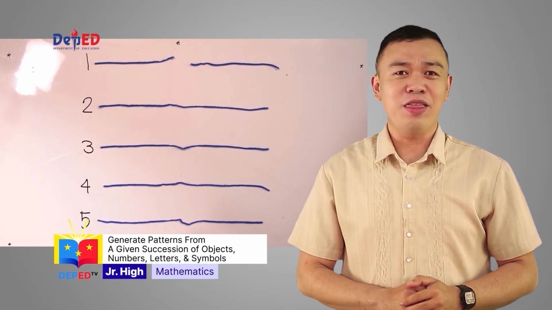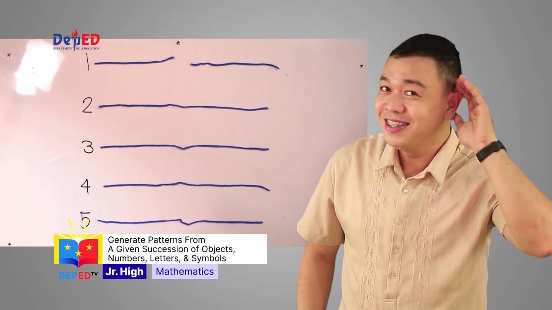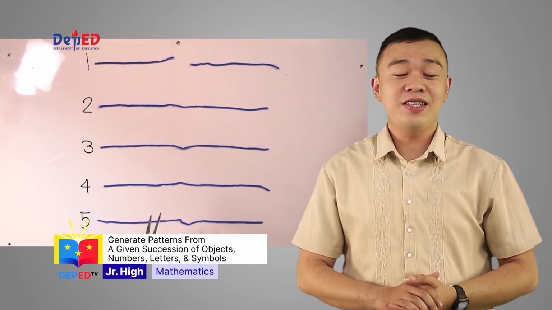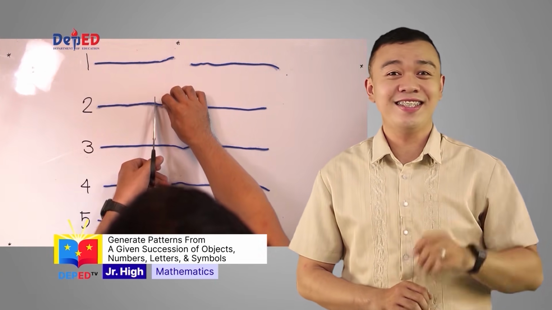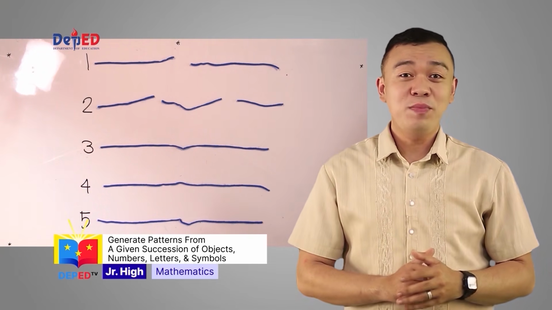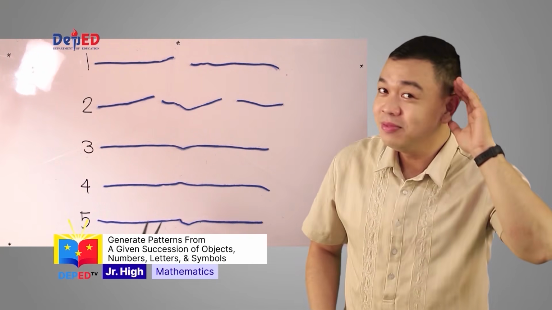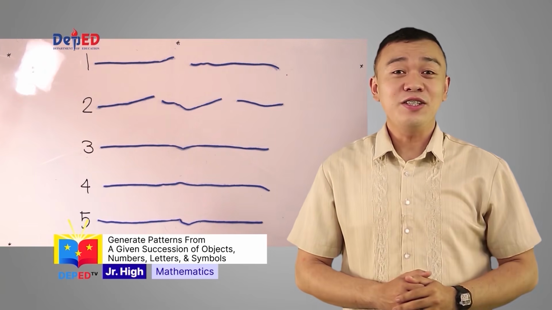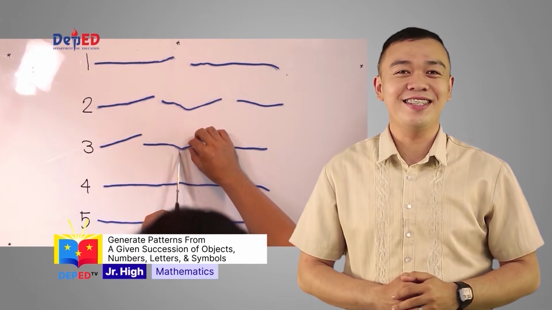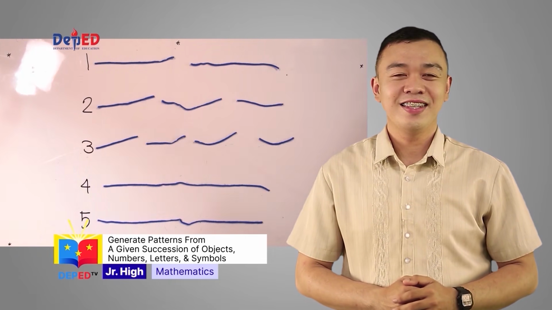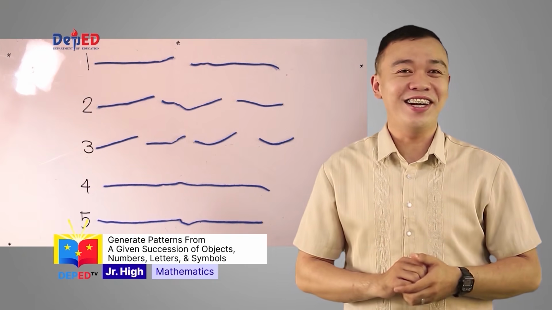How many pieces are there? Cut the second string twice. How many pieces are there? Cut the third string thrice. How many pieces are there?